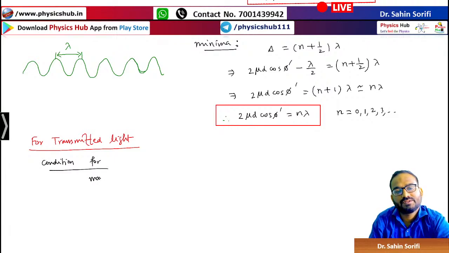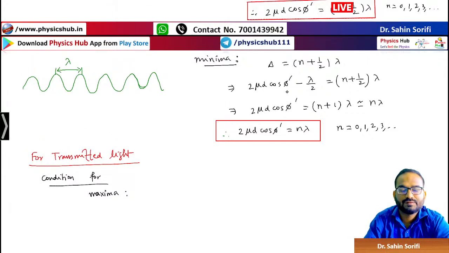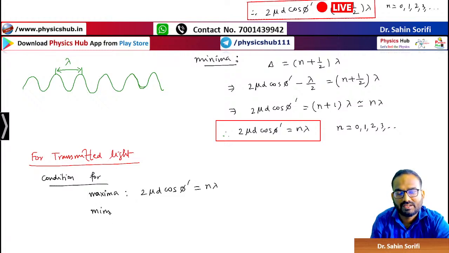Look, as I told you, it will just be opposite. Twice mu d cos phi prime equals (n plus half) lambda for minima, and for maxima it becomes twice mu d cos phi prime equals n lambda. So the condition of minima in reflected rays becomes the condition of maxima for transmitted light, and the condition for maxima becomes the condition of minima.